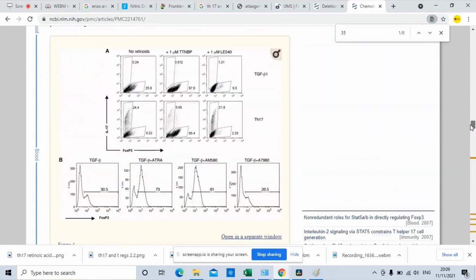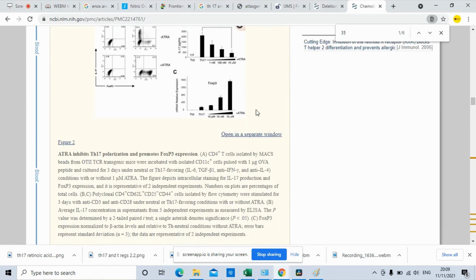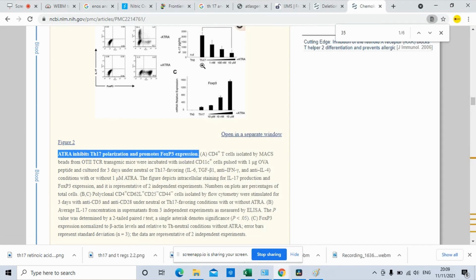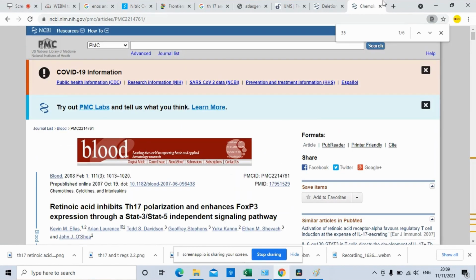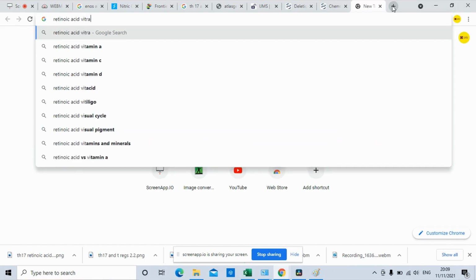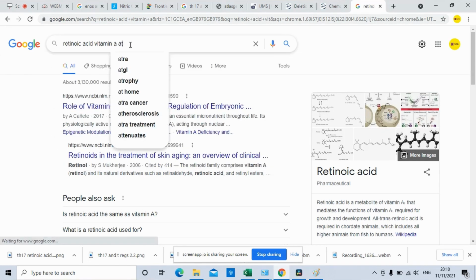But when interleukin 2 was added, there was a 90% proportion of foxp3 positive cells, which just shows how anti-inflammatory it is.